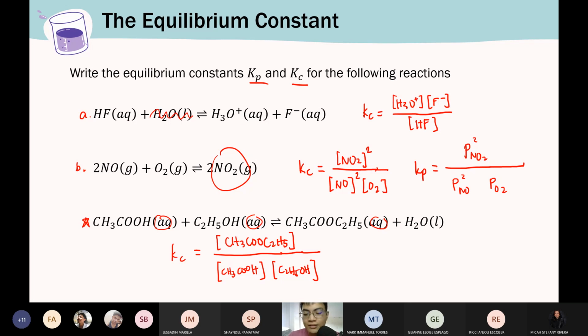So, kailangan master nyo to. Okay? Ito yung pinaka-master nyo talaga. And kung kayo nag-gen chem nung senior high, especially kung STEM strand kayo, napakalaking advantage. Pero kung hindi naman kayo nag STEM, okay lang. Kasi tignan niyo, madali lang naman siya, 'di ba?